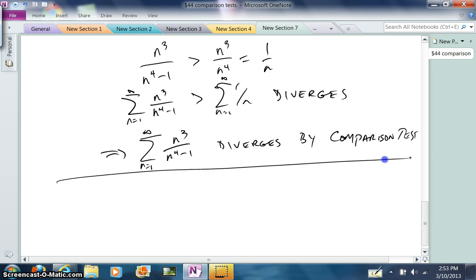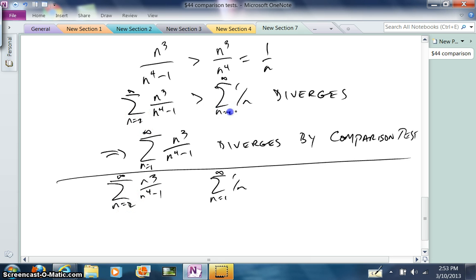Okay, let's do this one by limit comparison. So the same conclusion I draw at the beginning is what's going to help me do the limit comparison. I know this is similar to 1 over n. This was 2 actually, but it's okay.